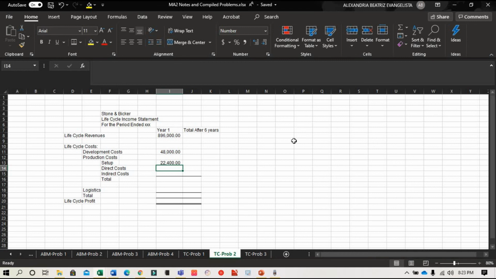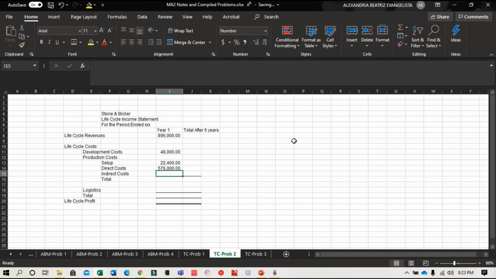And then we have the direct cost. It is stated in the problem that the direct cost of producing a lamp averages 144 each. So we're just going to multiply the 2,000 units by 2 to correspond to a year, and then multiply it by the average direct cost, which is 144. And that would give us 576,000 for direct cost.